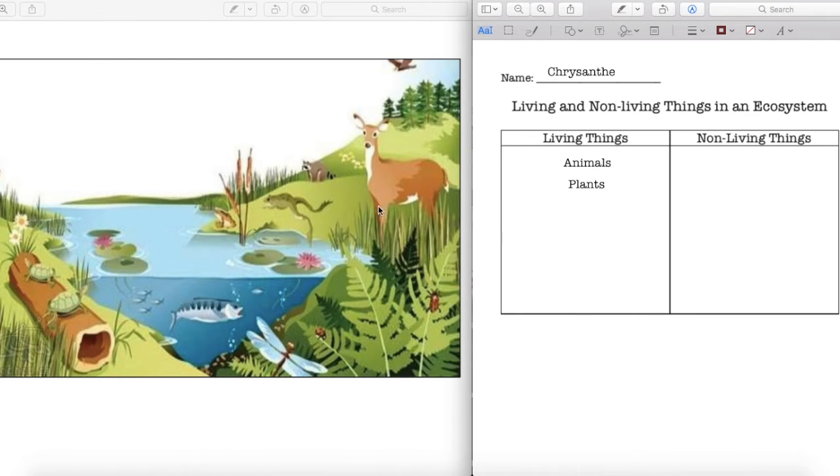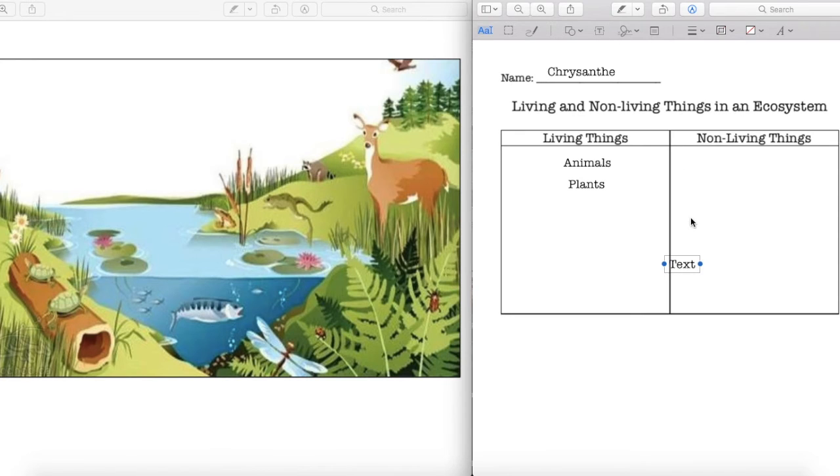There are also some living things that we don't see. There's probably some mushrooms, which are a type of fungi, and some small bugs or critters that might be living on these leaves that are so small that they don't show up in the picture and we're not going to be able to see them. But they also count as living things.